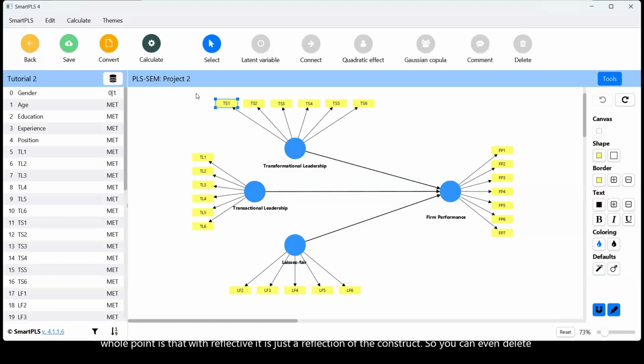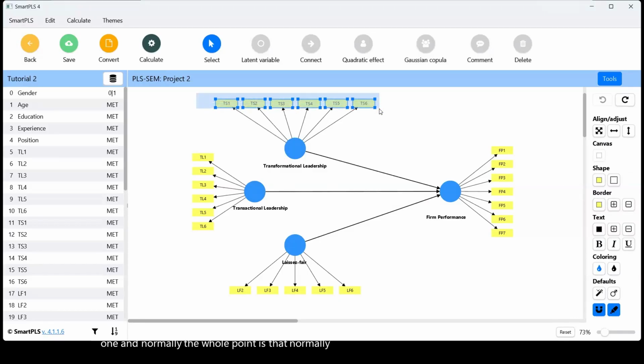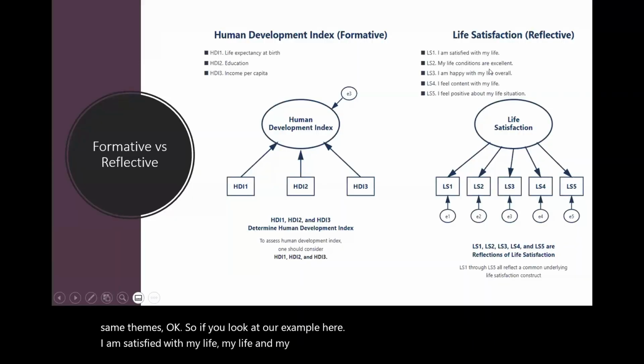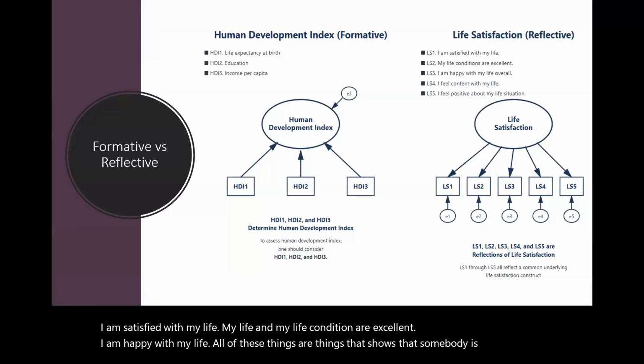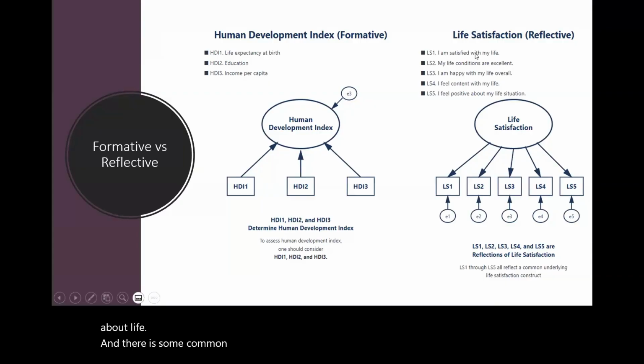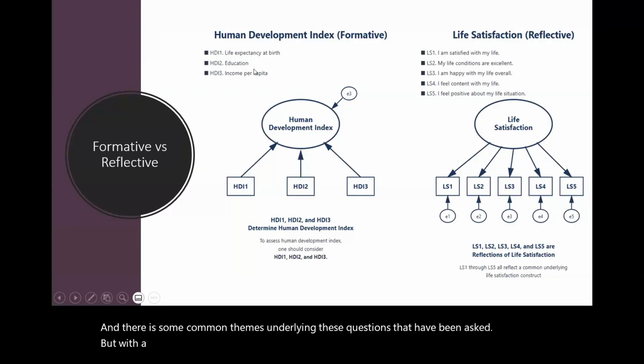And normally these items are correlated. They measure the same themes. If you look at our example here: I am satisfied with my life. My life conditions are excellent. I am happy with my life. All of these show that somebody is satisfied with life, and there are common themes underlying these questions. But with the formative, life expectancy at birth is never the same as education. They are not correlated.